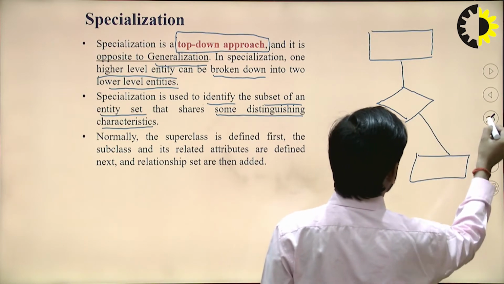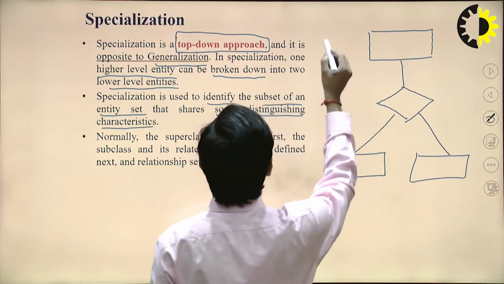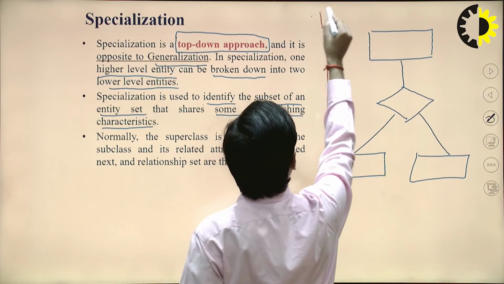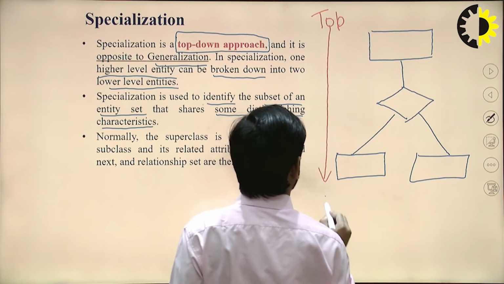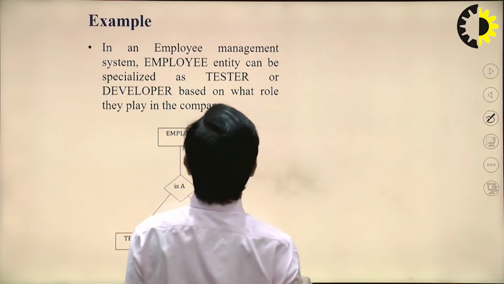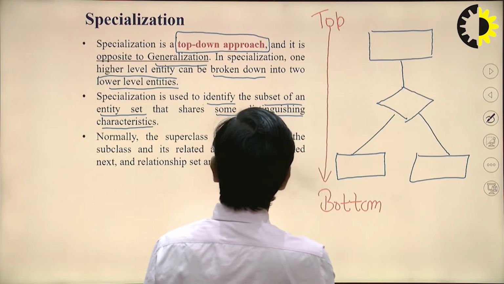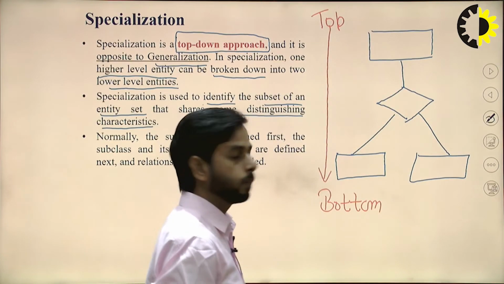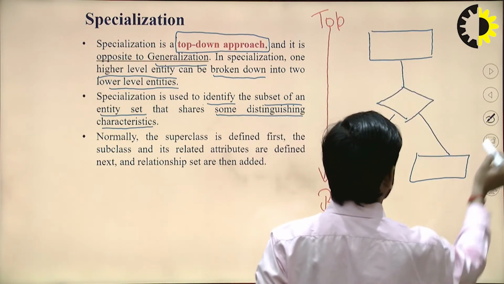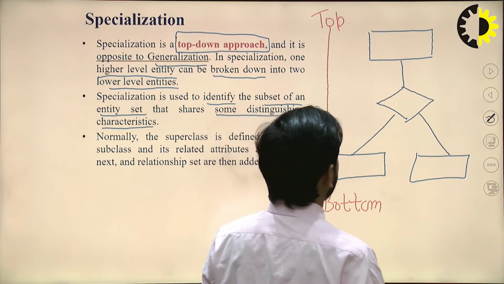So generalization is a bottom up approach, but specialization is a top down approach. We go from top to bottom. Let's take some simple example.